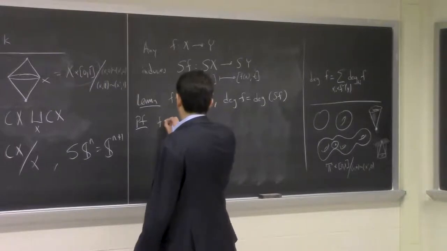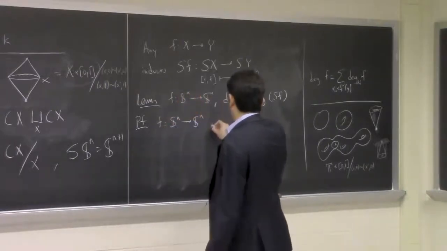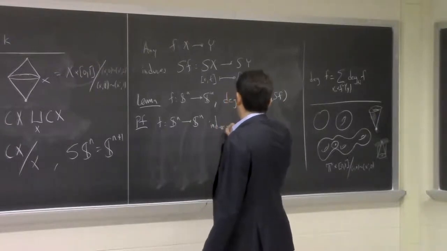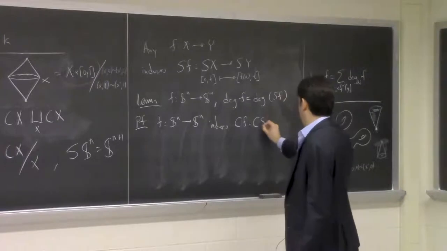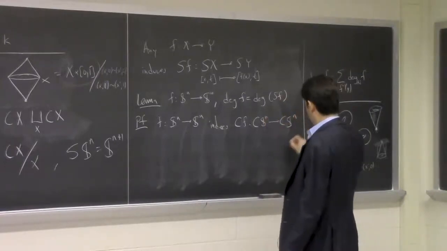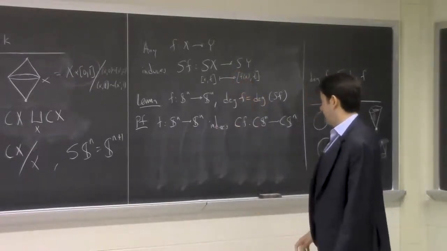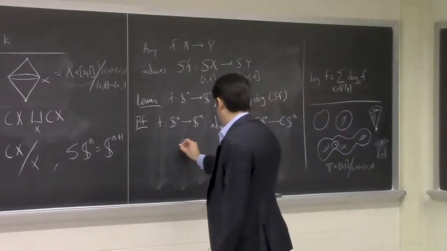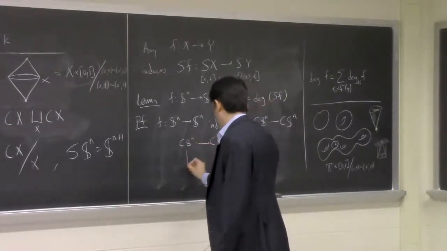Okay, so the thing to note to make this work is that if we have such a map, then this also induces a map cone f from the cone to the cone, right, by the same reasoning. And so we have a nice little commutative diagram.